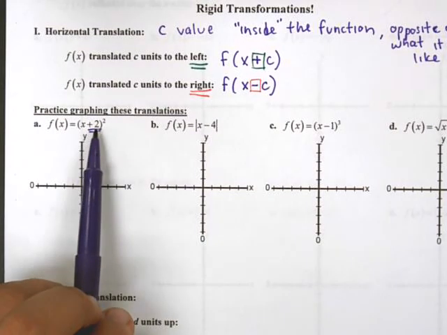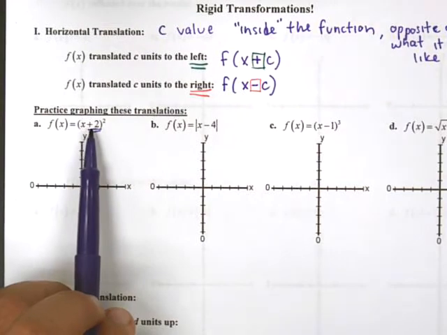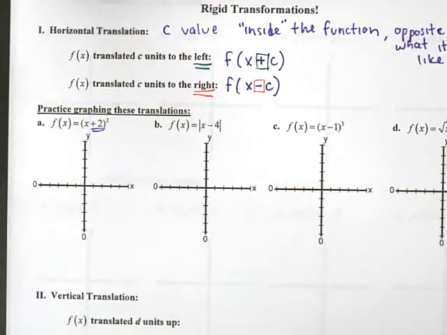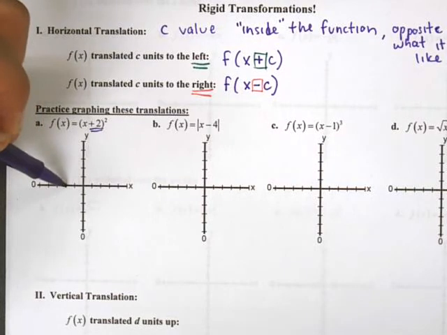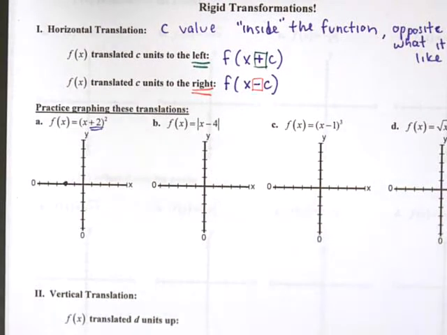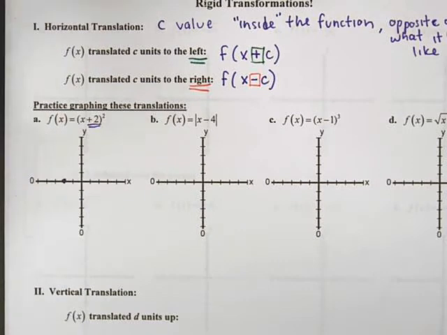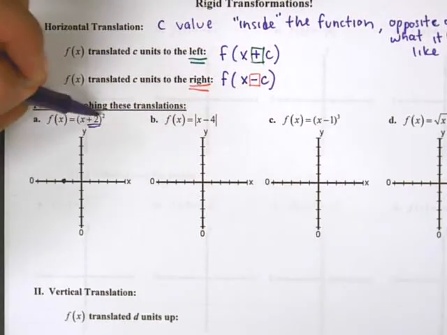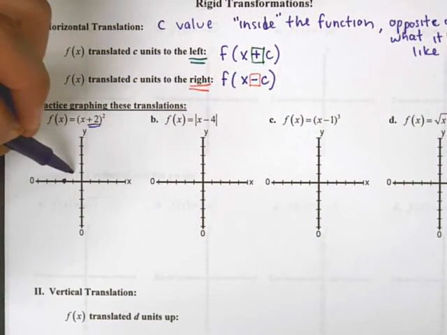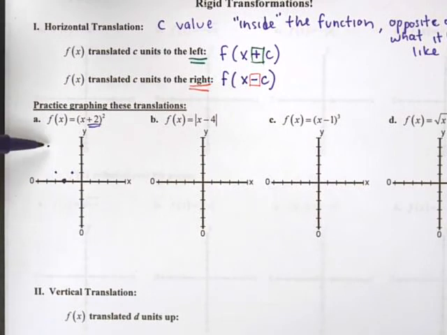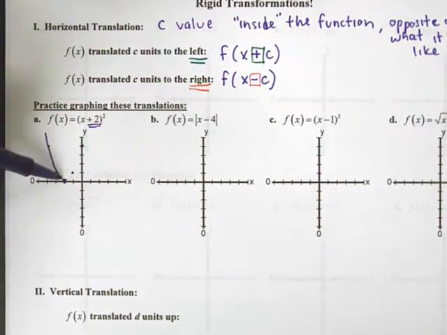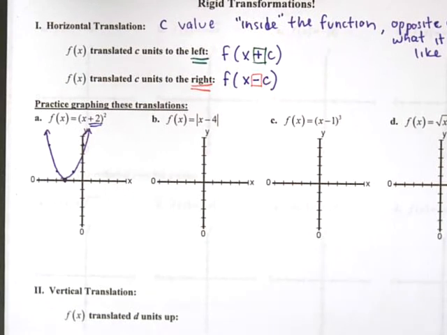That means that we're shifting 2 units to the left because it's the opposite of what it looks like, which means my original point, which was at the origin (0, 0), is now 2 units to the left. Right now I don't completely care about points, but we do know with square functions that it will be (1, 1) and (2, 4), or vice versa going the other way, mirrored. Okay, so I could plot some points and nicely sketch my curve.